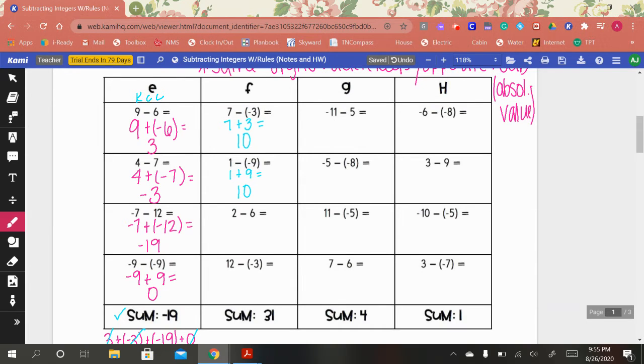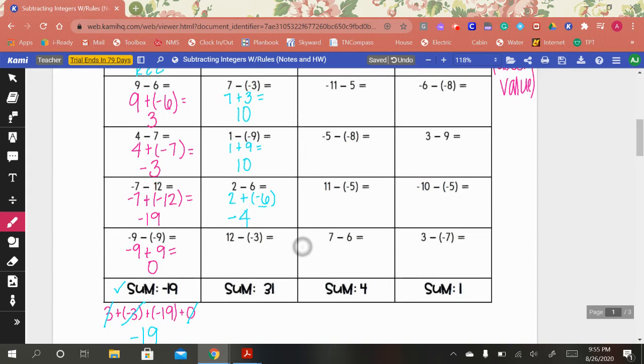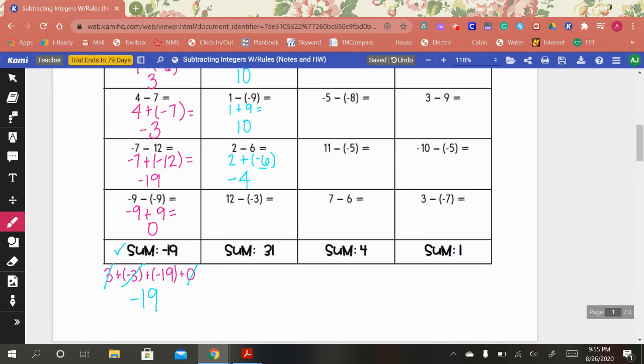2 minus 6. Keep 2, change it to addition, and then we are going to change the +6 to a -6. And these are opposite signs, so we subtract. 6 minus 2 is 4, and then it is going to go negative. -6 has a greater absolute value than +2, so it's negative, and our answer is negative as well.